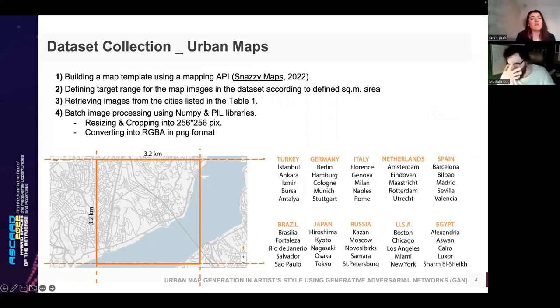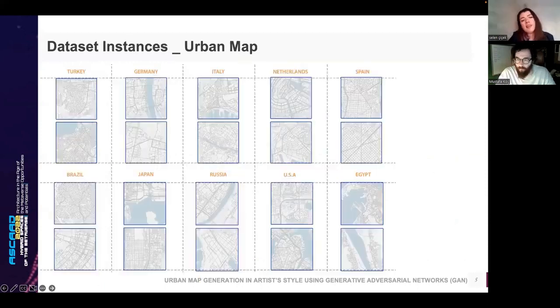The important parameter in this step of the process was the selection of the cities to represent different urban texture characteristics. Therefore, we selected the 5 most populated cities of the countries that show a variety of urban morphologies due to their geographical locations. Here, you can see the instances of the urban map dataset in terms of the variety of morphological characters inherent in the map.